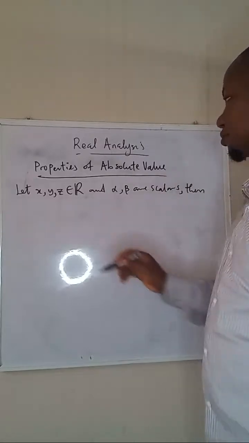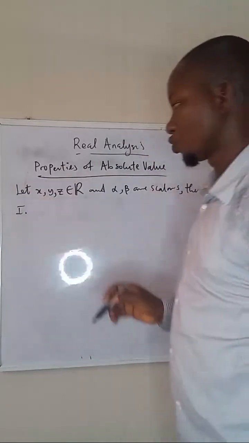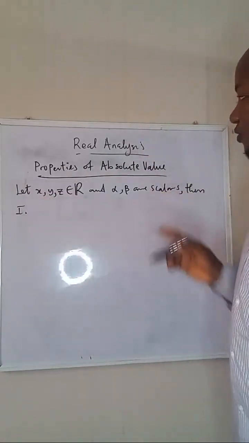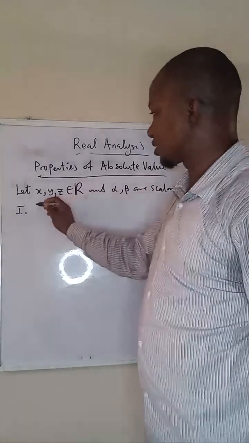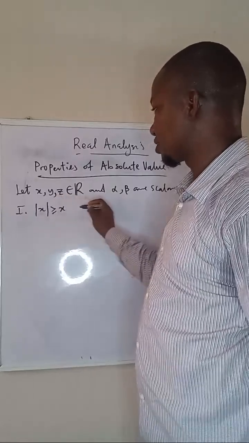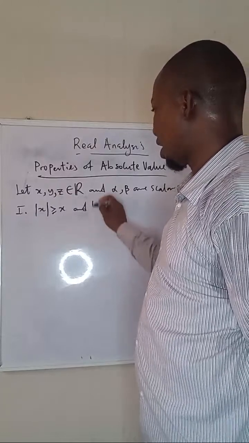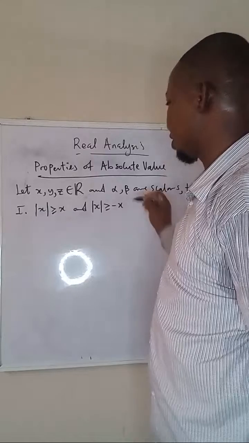So number 1. I'll start from the obvious notes that we have earlier, that the absolute value of x is greater than or equal to x, and the absolute value of x is also greater than or equal to minus x.